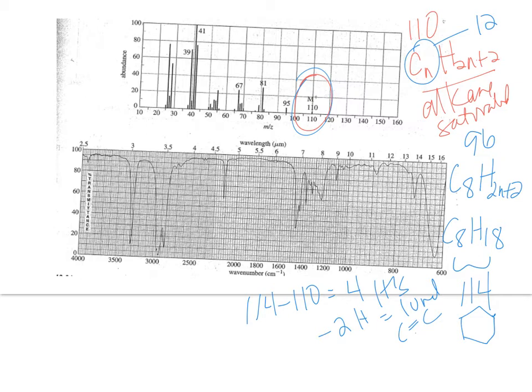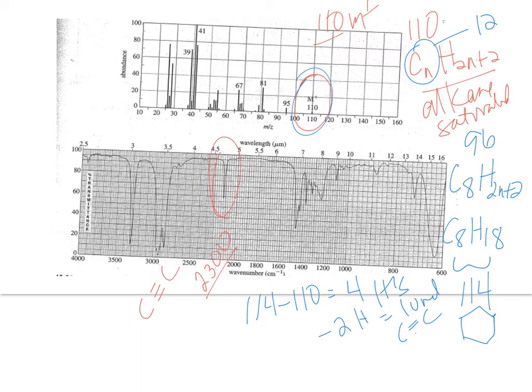Now, when you look at this IR, you see an important peak around 2300, and that's the carbon triple bond. Well, you know you don't have a nitrogen because 110 is an even M plus number. If you had an odd number, then you could say, okay, maybe that may be a nitrile. But because you have an even number, this is just carbons, no nitrogens.